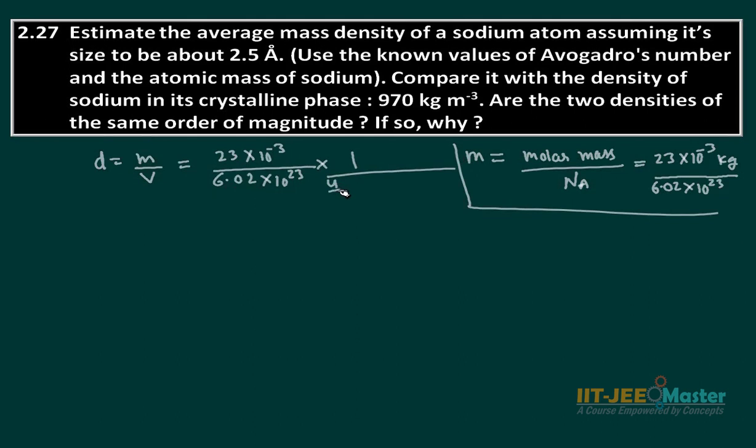Volume will be 4 by 3 pi r cube. The size of the sodium atom is 2.5 angstrom, so we'll use it here, 1.25 into 10 to the power minus 10 cube, because it is angstrom, and size is the diameter, so I'm taking this value.